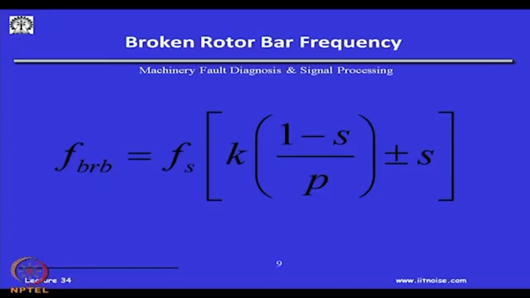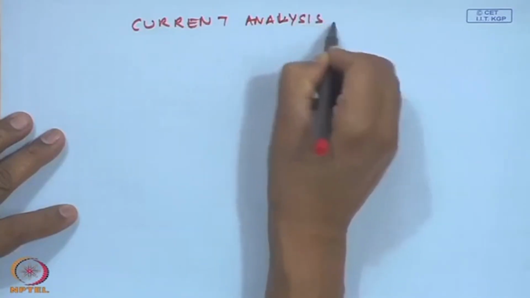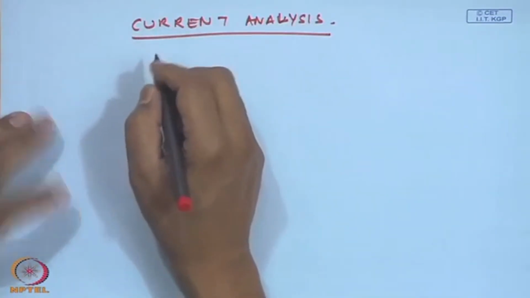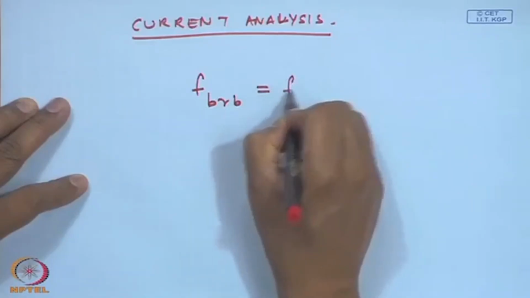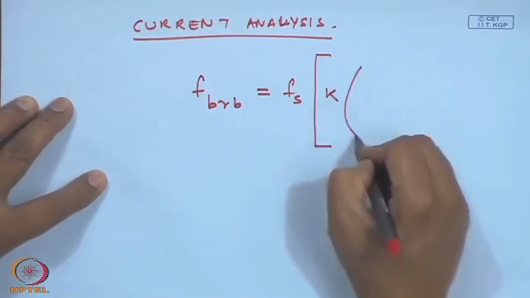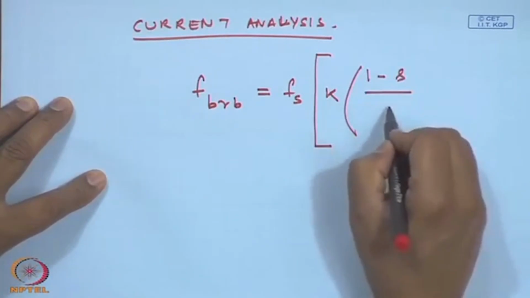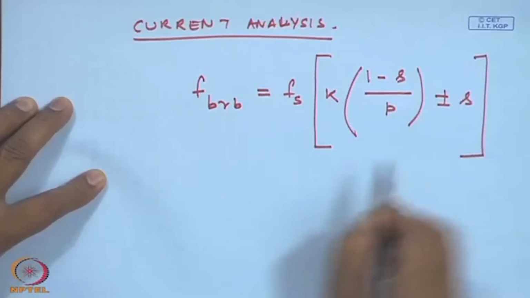Now, let me go back to how this current analysis can be done to find out the rotor faults. Perhaps this equation is not coming clear. I will just write this down here. Okay.